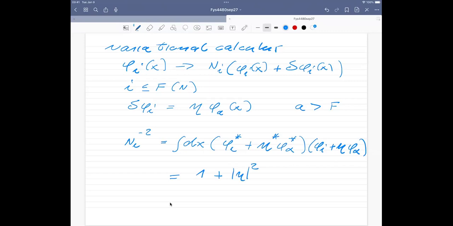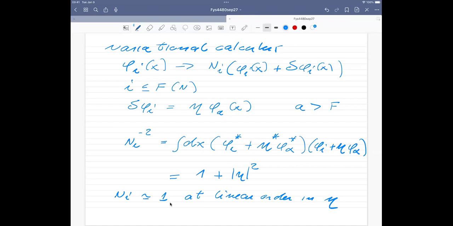So if we now look at the norm in terms of a linear dependence on eta, then we can say that N of i is proportional to 1 at linear order in eta.